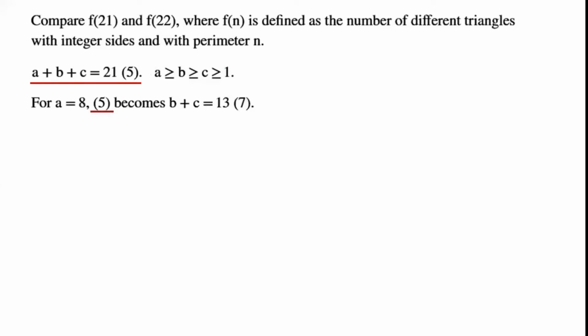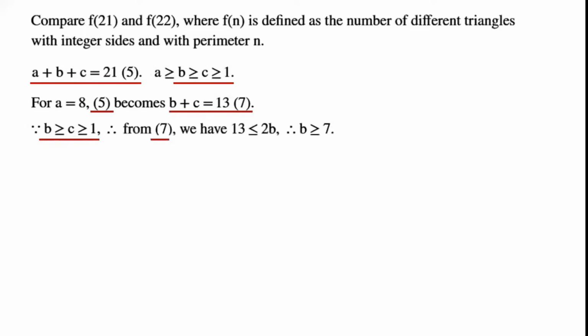For a = 8, equation 5 becomes b + c = 13, because b ≥ c ≥ 1.